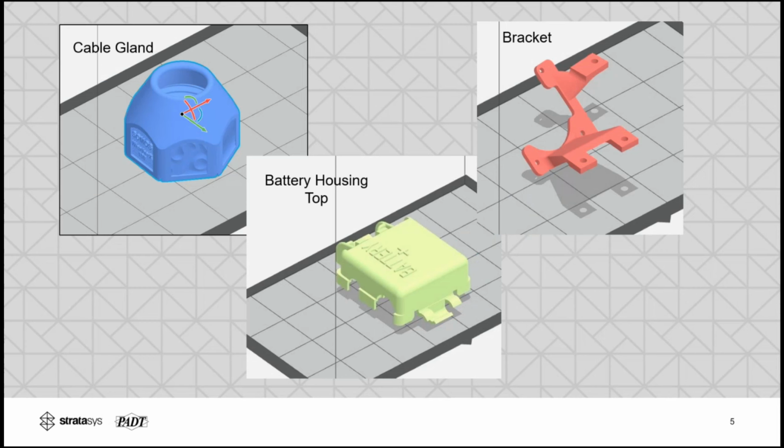Let's walk through a software demo and break down the Origin 2 part setup process for 3 different CAD models: a threaded cable gland, the top half of a snap-fit battery housing, and a bracket with several non-90-degree angles.